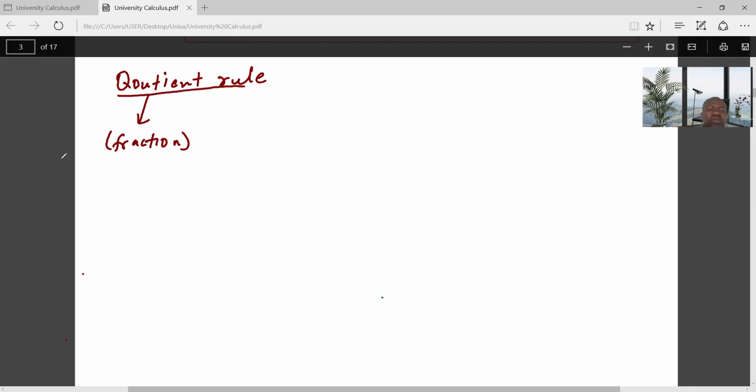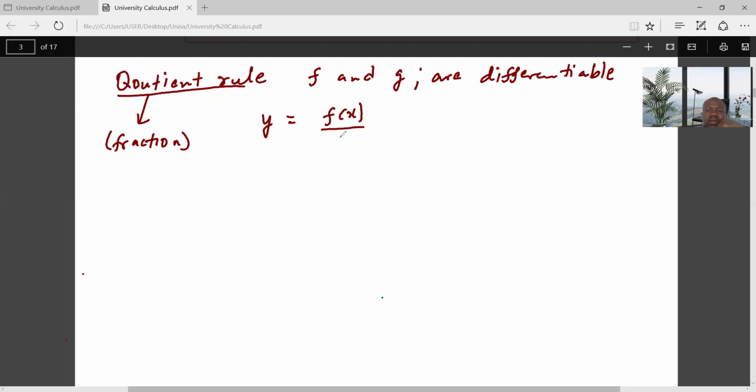According to the quotient rule, if you are given f and g, and these f and g are differentiable, so you can differentiate them, and you have y equals f over g. In other words, the quotient rule applies when we are dividing expressions, not when we are multiplying.